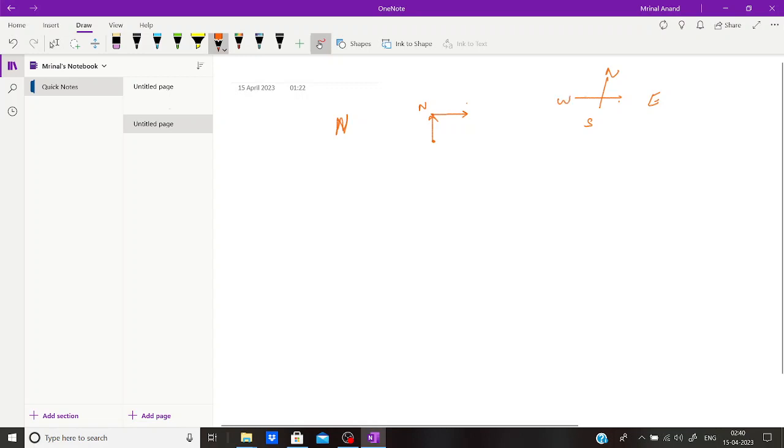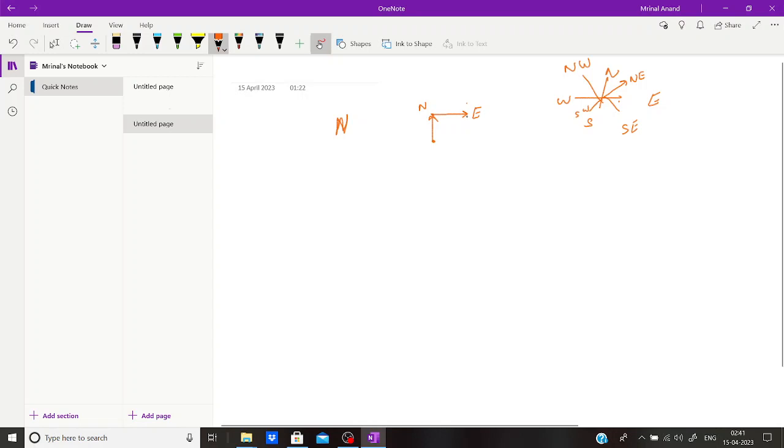This one is the west. This is the northeast, this is the southeast, this is the southwest, and that one is the northwest. So from this north you are told to move to the right, so you will reach the east.